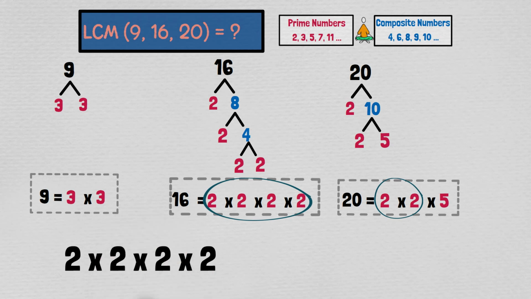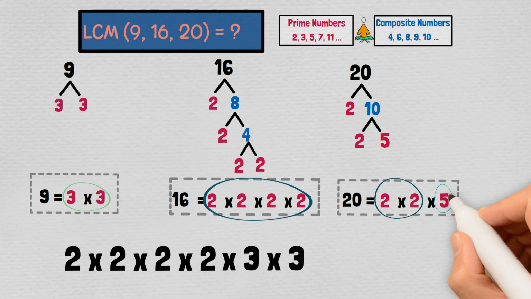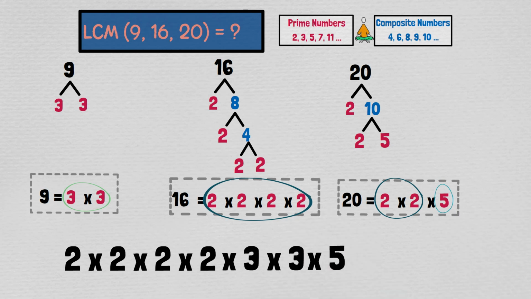Therefore, we will use 2 times 2 times 2 times 2. 3 was only present in the factorization of 9, so we will use 3 times 3. And finally, 5 only showed up once in the factorization of 20, so we will use it as it is.